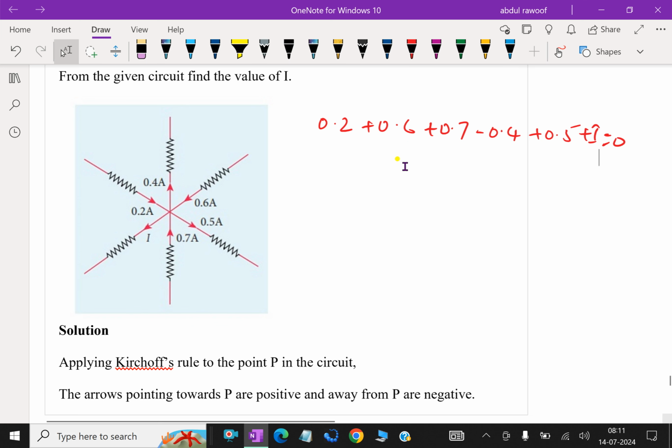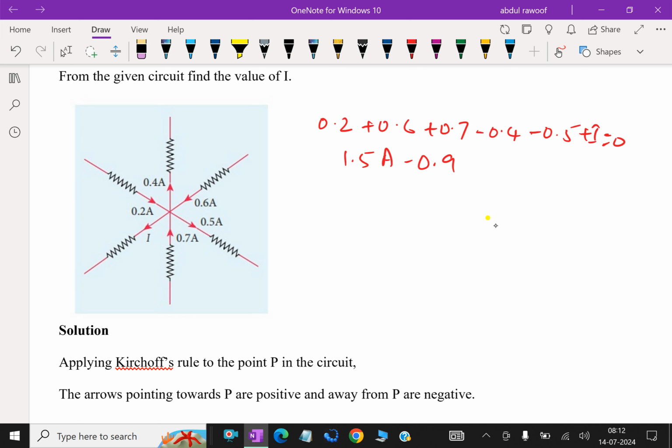Now here 0.2 plus 0.6 is 0.8, plus 0.7 is 1.5 amps. The negatives are 0.4 plus 0.5, which is 0.9, and I also.